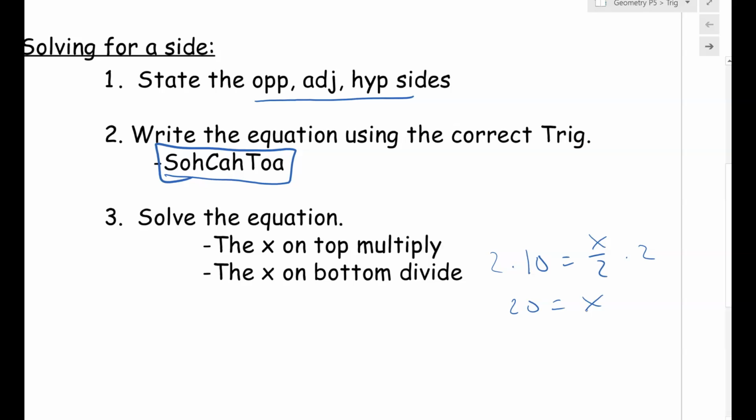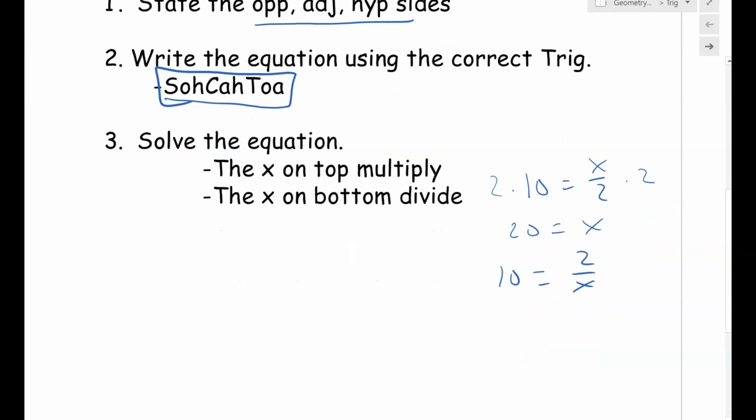Okay? If I had something like this, 10 equals 2 over x, if you were going to solve that, what would you do? Well, what you usually learned in algebra is you first multiplied by x. You got 10x equals 2, and then you divided by 10, okay?